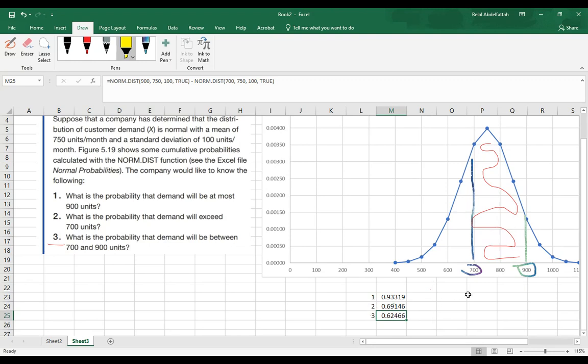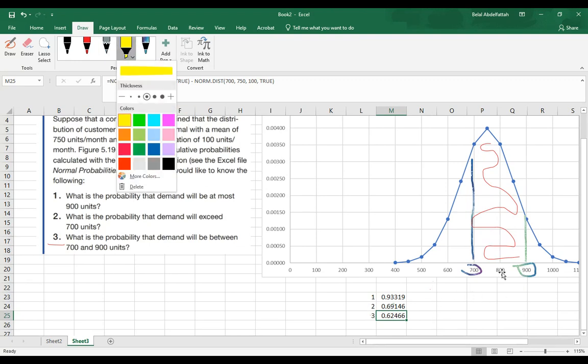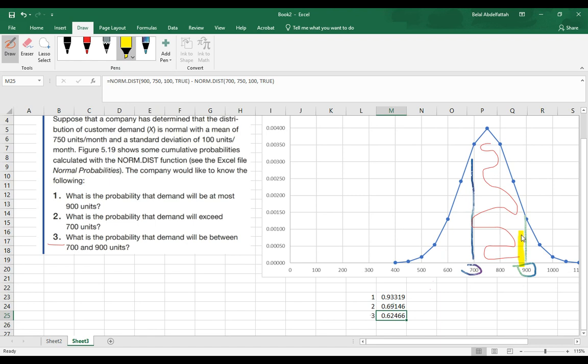Now, what did we do here? What I ended up doing is I first looked for the cumulative probability for 900. So I looked for everything from this 900 value and everything to the left of it in the distribution that we have right here.